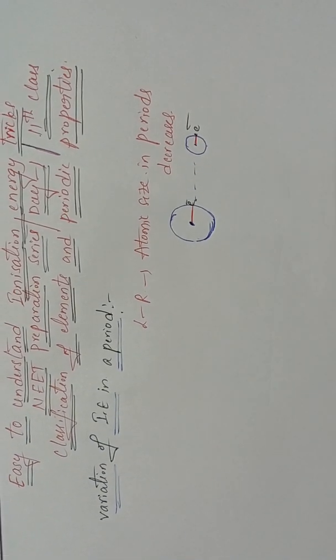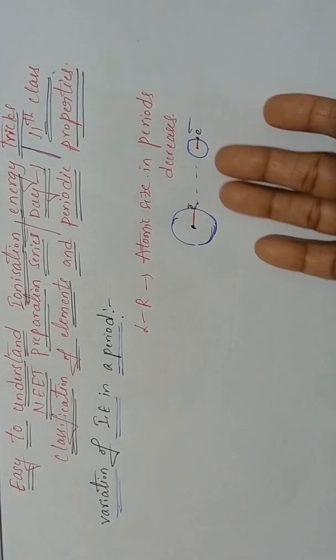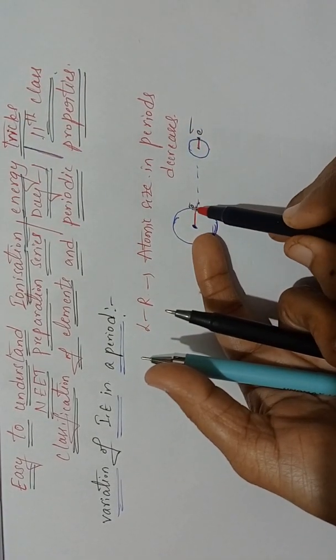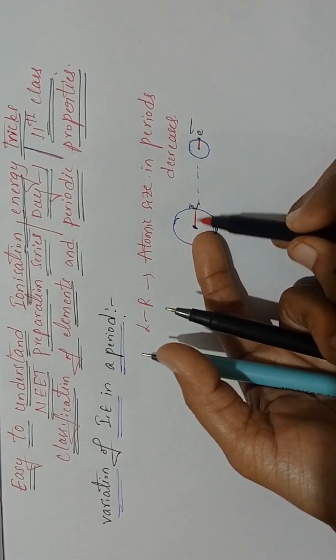To remove this electron, less energy is required, students, because here the nucleus is far from the valence shell. Are you clear? So that's why the distance is more.